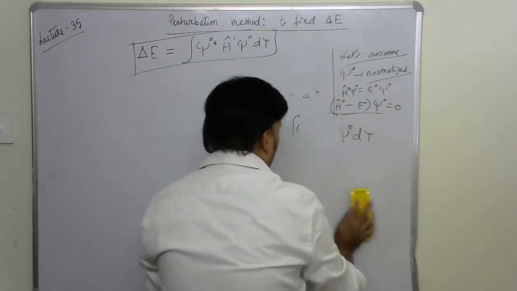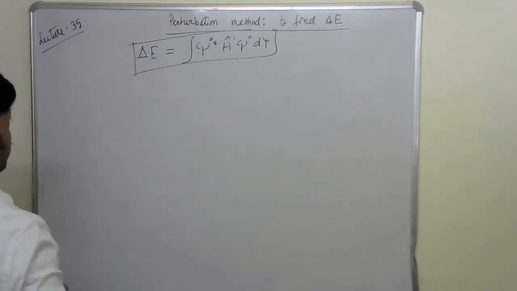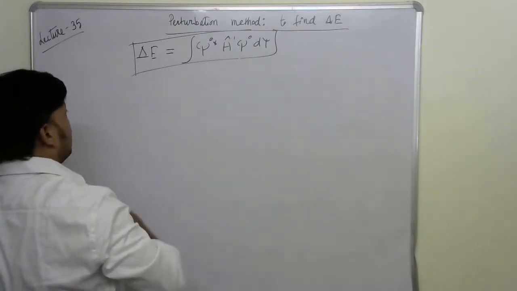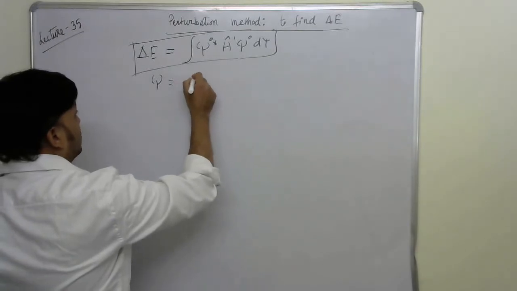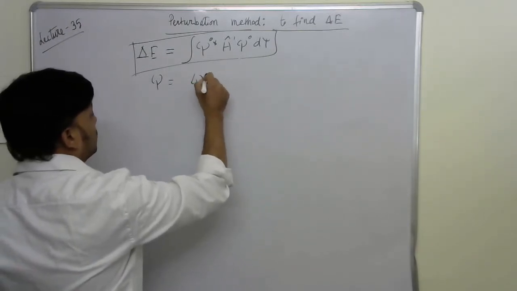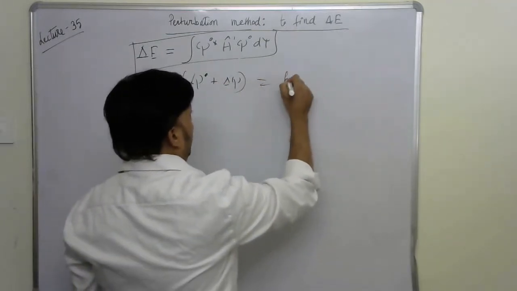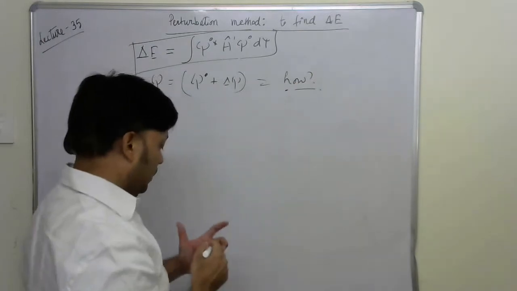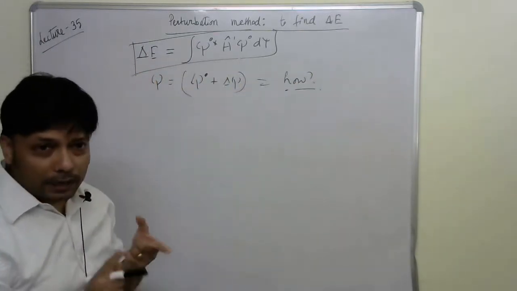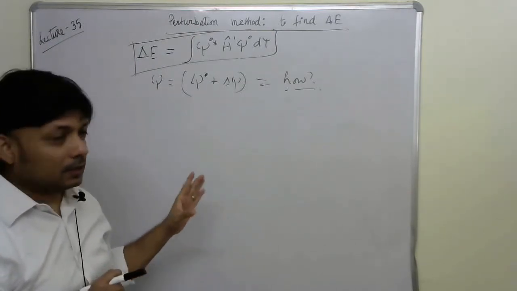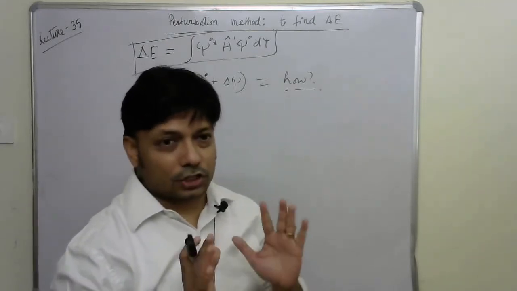Before we go, we must also appreciate one more thing, and that is we still have the psi part. Psi is equal to psi naught plus delta psi. So the question is how to find psi. The problem is that using this, although you can find delta E, you cannot find psi from directly solving the Schrodinger equation, H psi is equal to E psi.